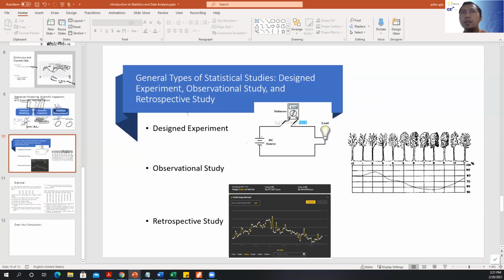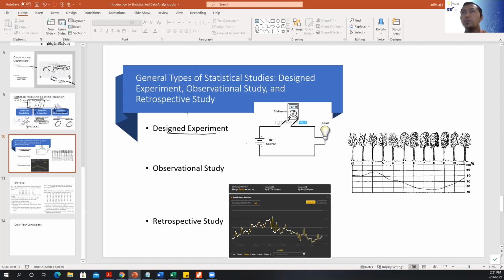In experiment design, for example, we take this kind of design. We have a circuit with one DC source and one load.